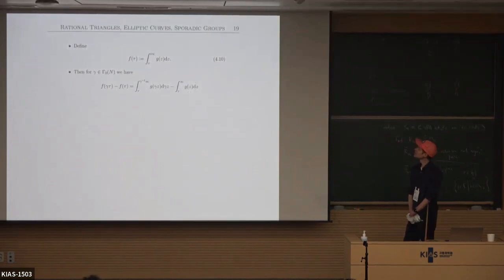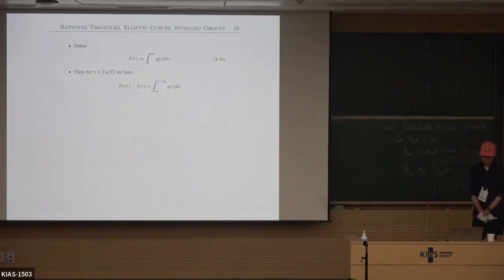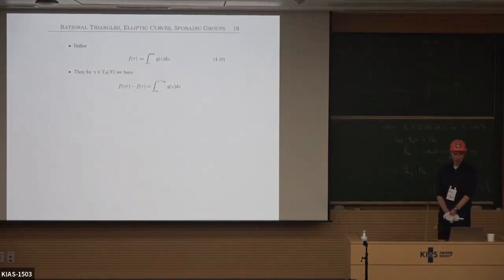Substitute gamma z for z. Here gamma is in gamma naught n, and this 1-form is supposed to be invariant, so that's what we get. Now we can simplify that contour. So we failed, because F is not gamma naught n invariant, because the thing on the right is generally not 0.